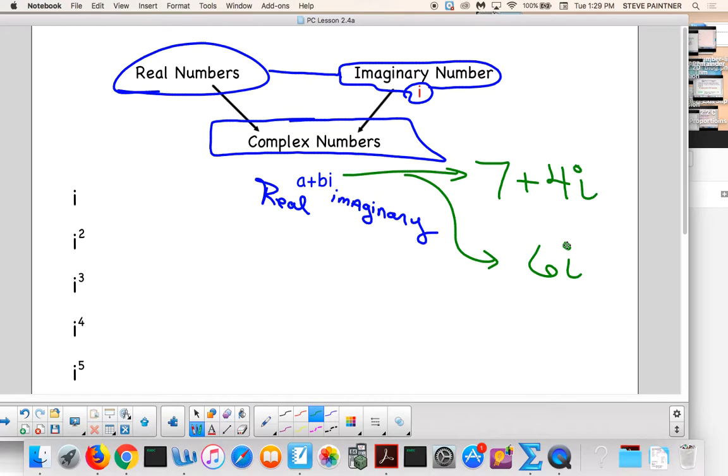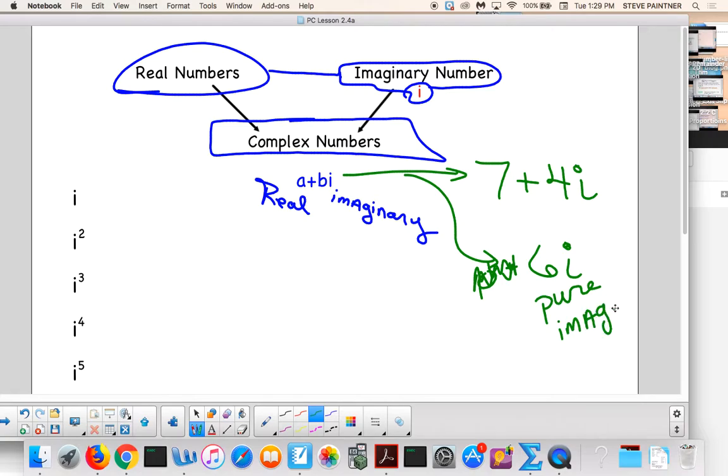That one is called a pure imaginary number. It's just imaginary. What's the real part? 0. Without any number in front, guys, this is a pure imaginary number, okay? But they don't put that there. So I guess I should just write that for you.